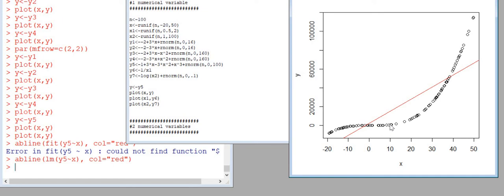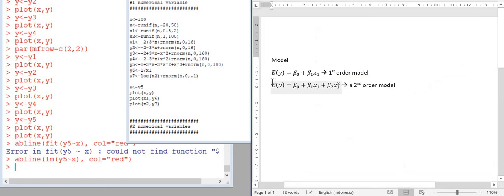Again, refer to your calculus or math functions lesson: for a curvature trend with two inflection points, we need to propose a third order model.